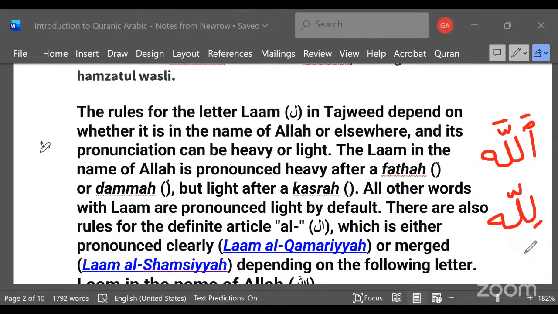If it is preceded by a letter that has dhamma or fatha, like kitabullah or baytullah.